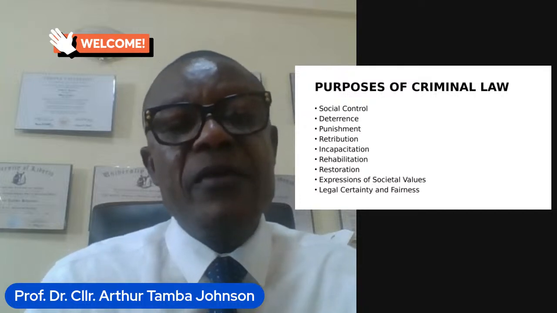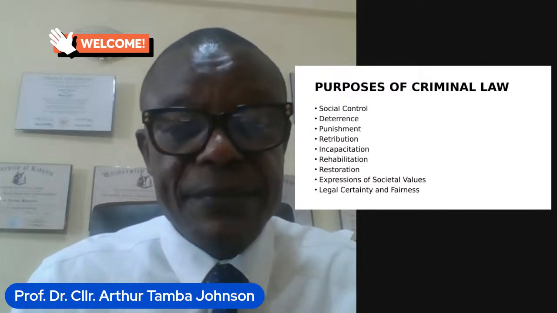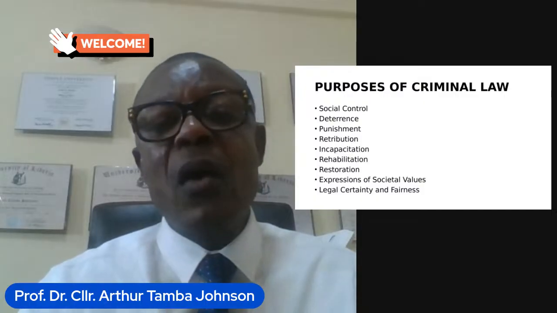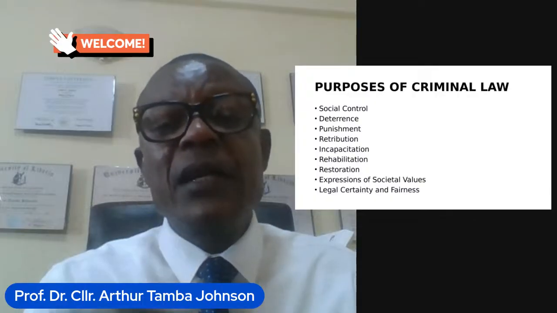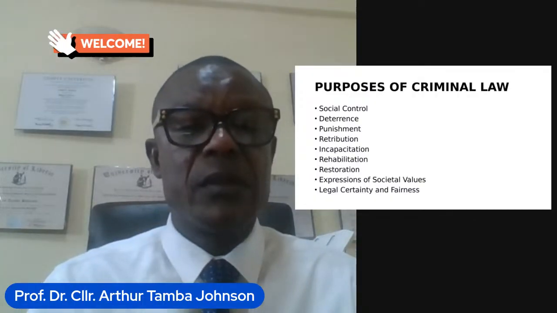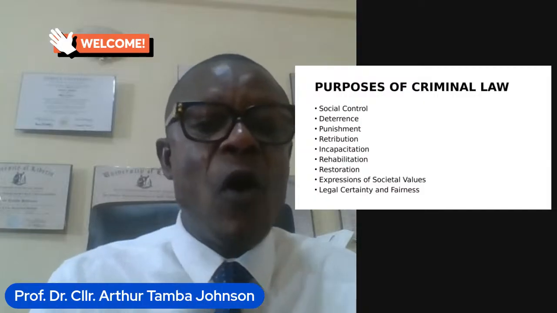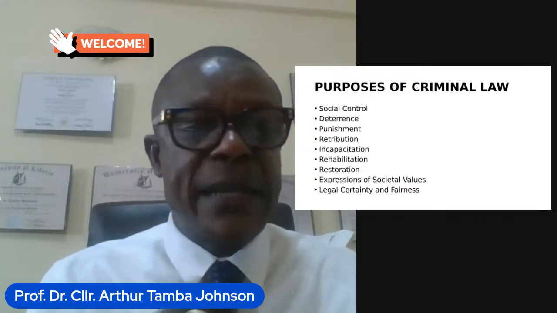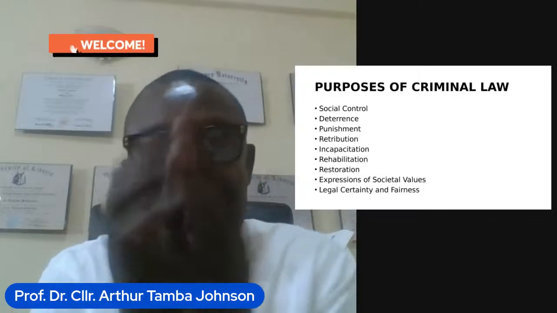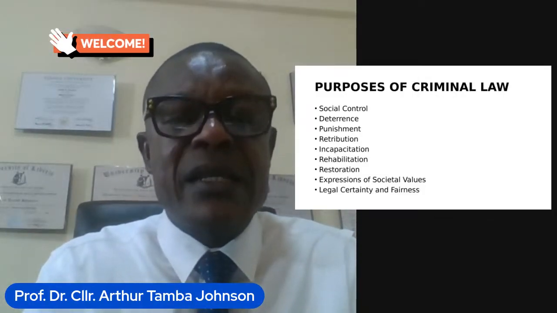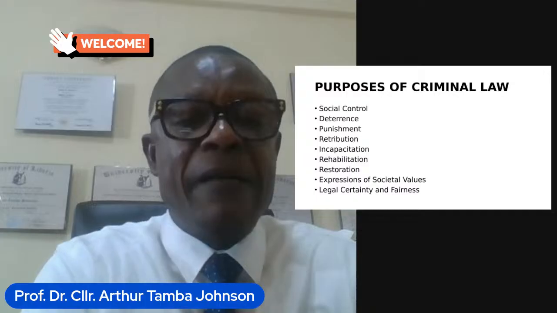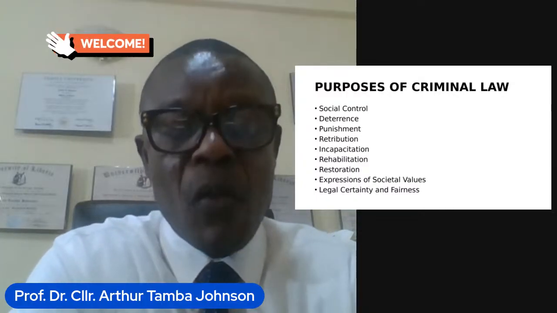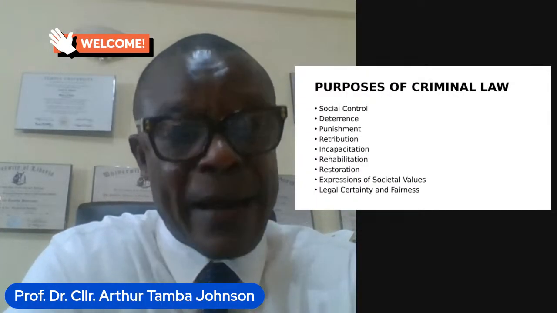If the victim is a female, you say the private prosecutrix. So in criminal law, one of the purposes of this particular law is retribution, vengeance on behalf of the state and the victim. So in the contemporary society of criminal justice, it is the state that takes the responsibility to take vengeance on behalf of the state and the people or the person that is a victim of a criminal act.